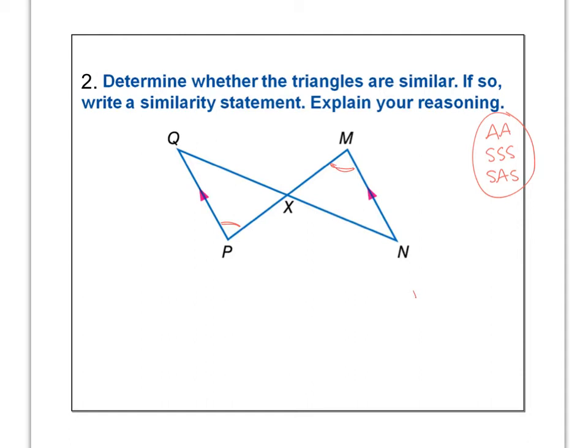Also, these 2 angles are vertical angles, so they are congruent to each other. We can stop right there because we have angle, angle. So yes, triangle QPX is similar to triangle NMX by angle, angle.